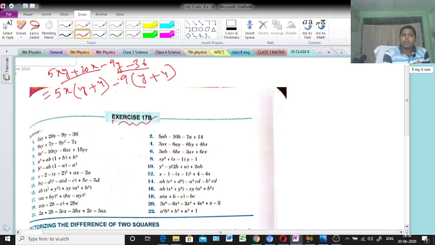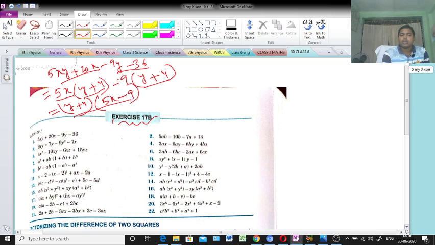Concept clear? Now see, in this bracket the same things are there, so there is a common portion. So y plus 4, that one common, keep it separately. The remaining portion comes from the first term, 5x, and minus 9.